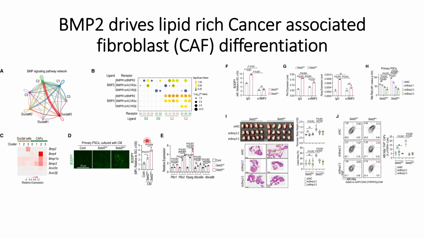And these things are quantified on the right hand side, where we can see that in the case of the conditioned medium from the SETD2 knockdown, they see high signals for BODIPY, or we can say high signals for the lipid-rich environment.